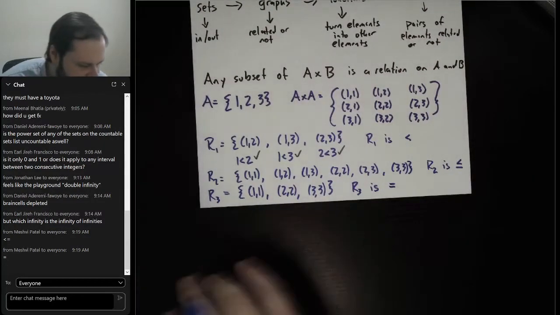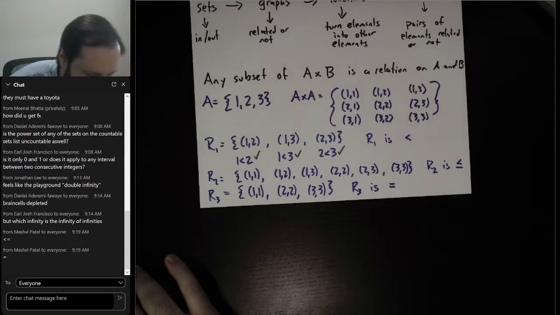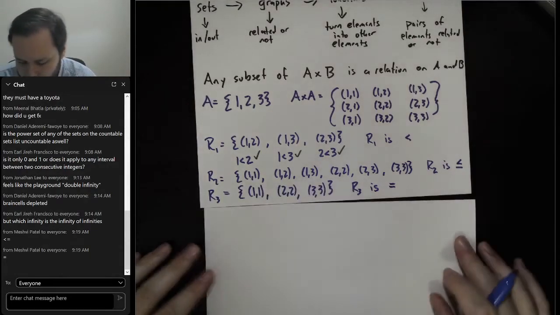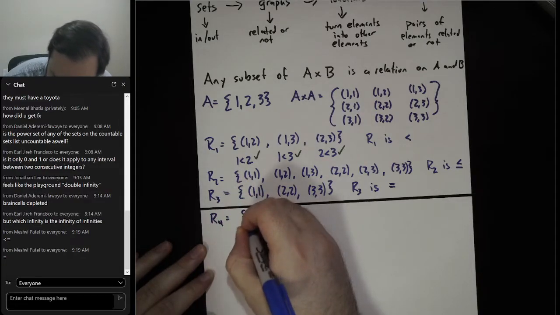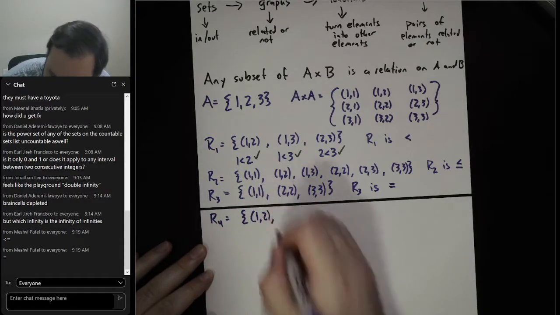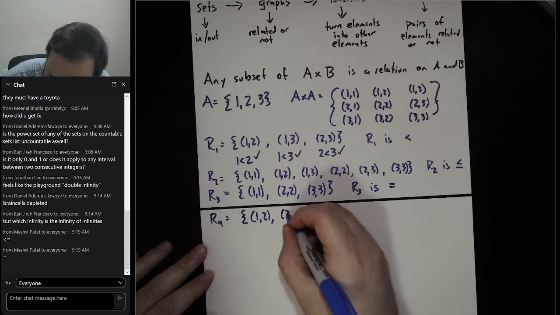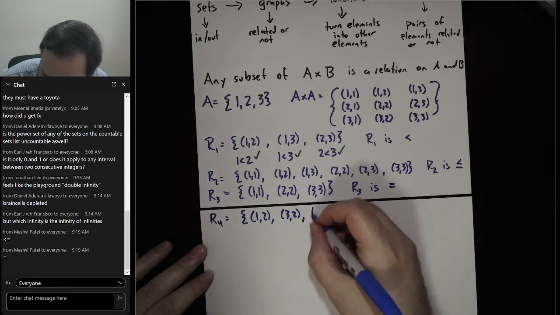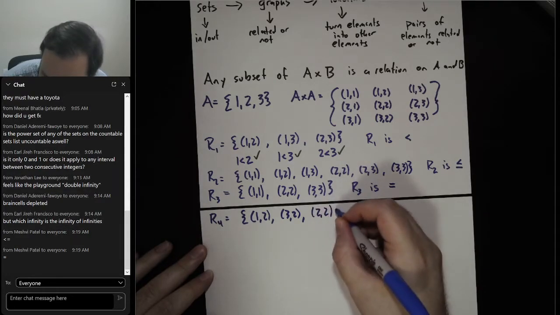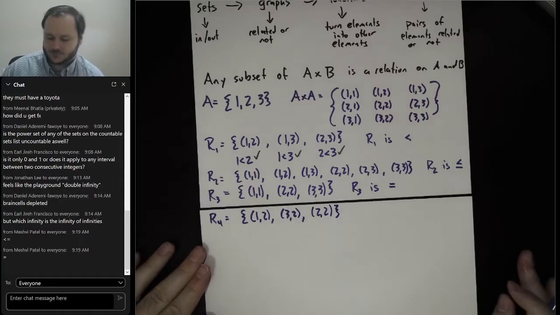But relations can be more general. I can take (1,2), (3,2), and (2,2).